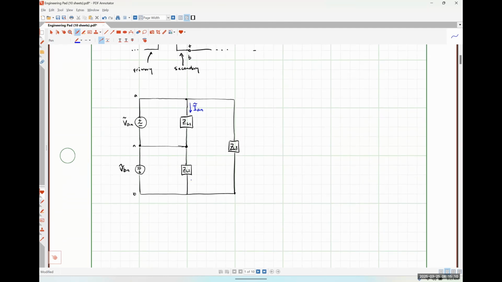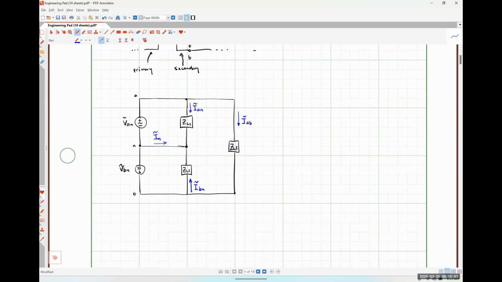Then we might have a current here that I could call IBN. I might have a current flowing through this load that would be IAB. And I'm going to have my neutral current here that I'm just going to define as IN, like so.